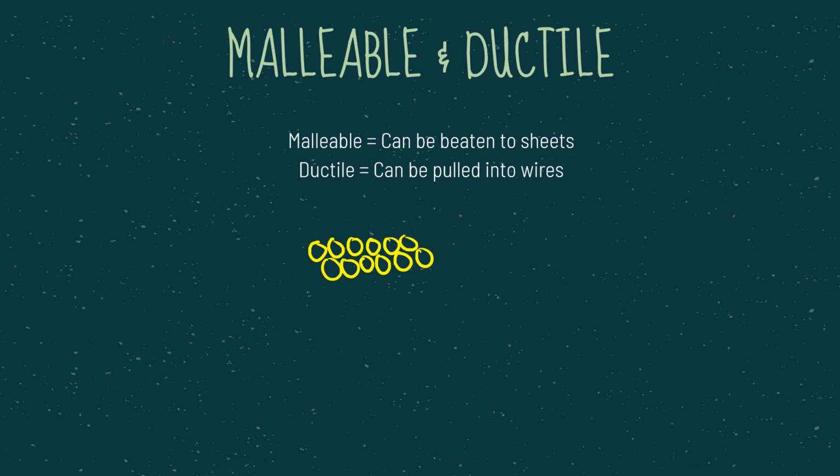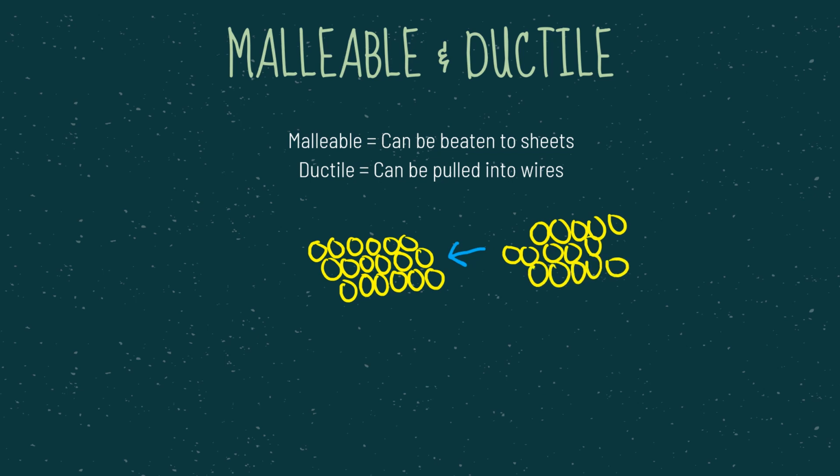All these regular shaped spheres are sitting on one another in layers. When we apply a force, let's say we apply a force this way on the center row, they will roll over one another. This causes a shift in the layers. This shift shows that they are flexible, malleable and ductile.